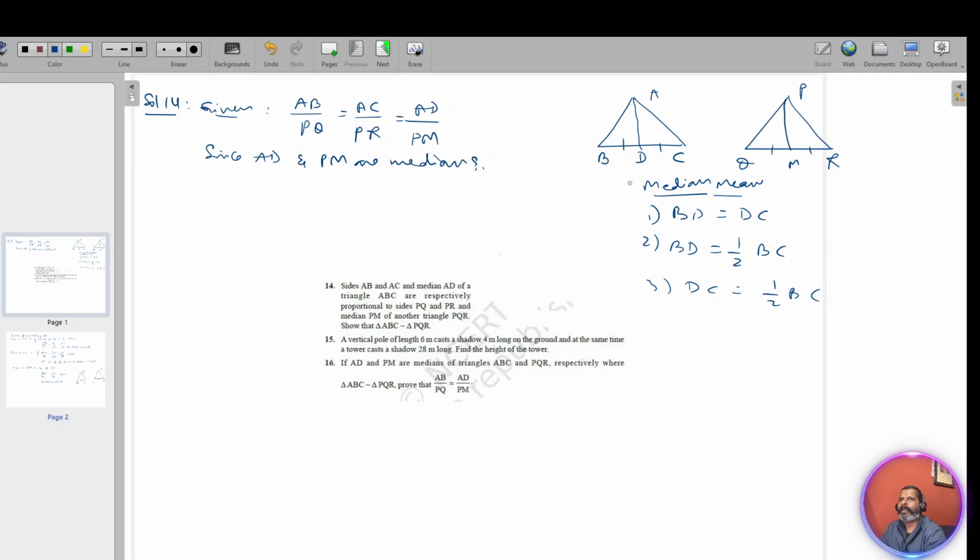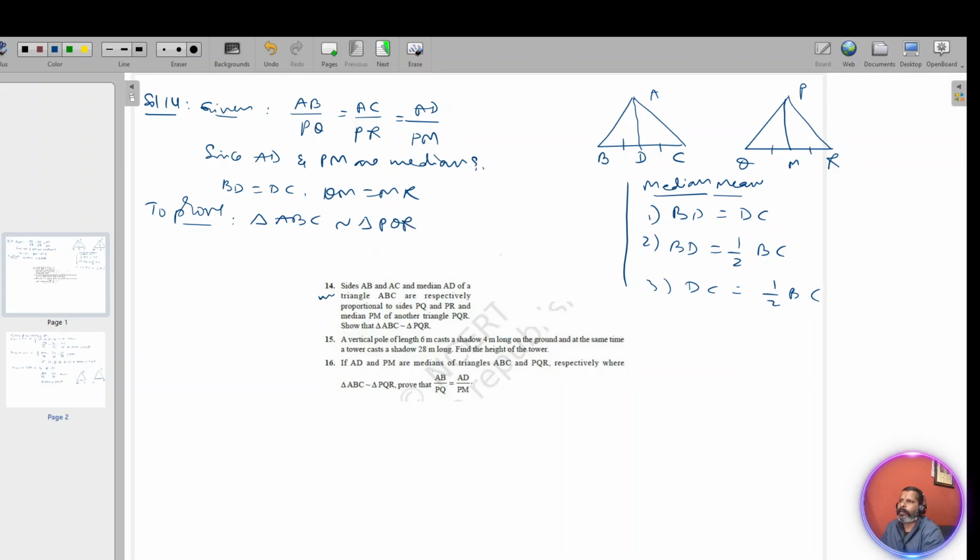Leaving this apart, this is not required for this question. To prove, since these are medians, we can say BD equal to DC, QM equal to MR. To prove triangle ABC similar to triangle PQR.